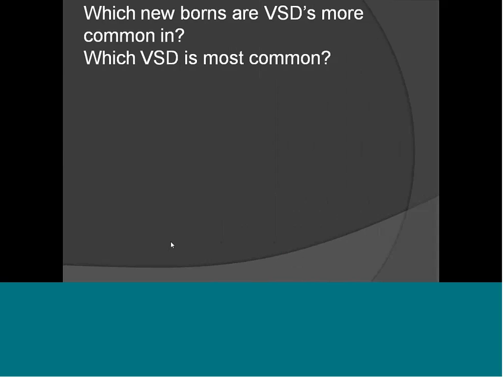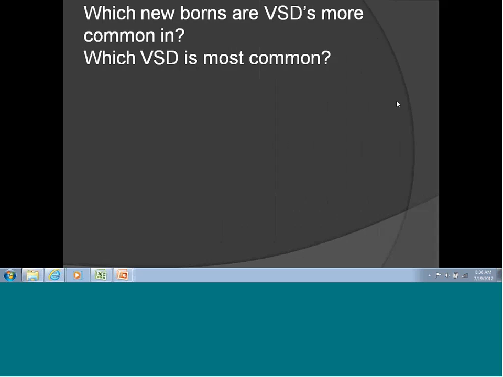Okay, next question. In which newborns are VSDs more common? Which kind of newborns, you can say? So everyone newly born, but which newborns are they more common in? And the next question is, which VSD is most common?